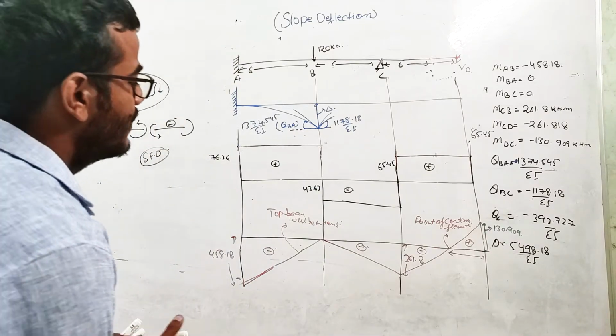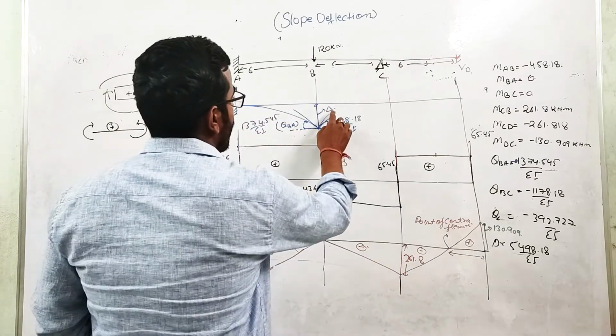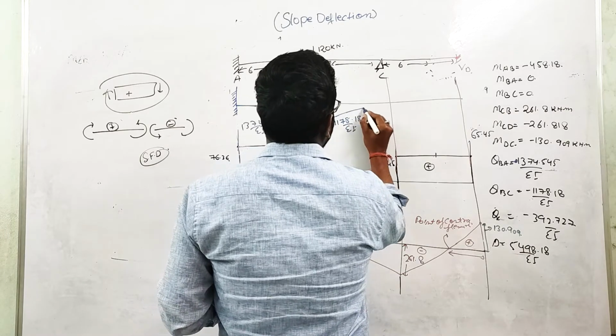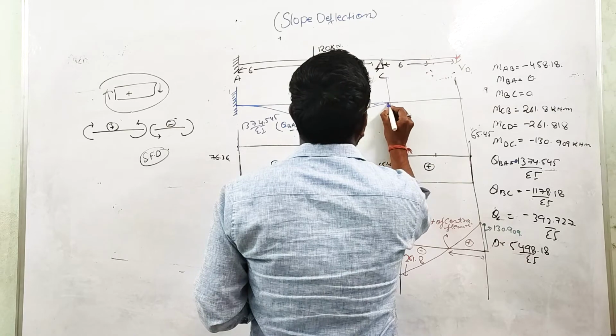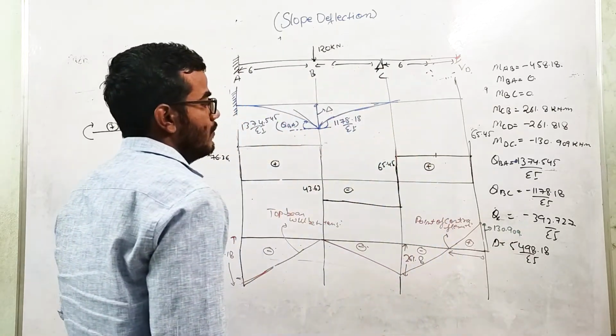Now you can see that this entire portion is under compression, under hogging. Okay, so this curve will look like this.